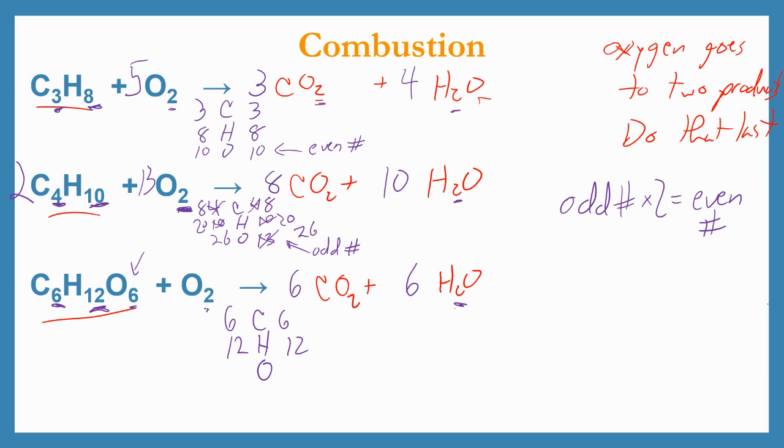Oxygens are now coming from two places, so 6 times 2 is 12, plus 6 is 18. We need to make 18. We already have 6, so 18 minus the 6 means 12 has to come from here. So in order to get a total of 18 here, we need 6 O2s to give us 12 plus the 6 that's in the sugar. 12 plus 6 is 18, and everything's equal.